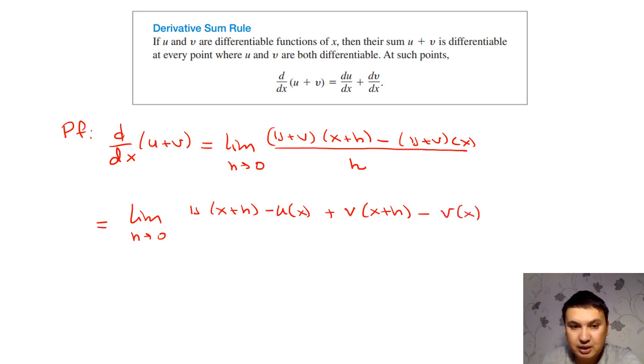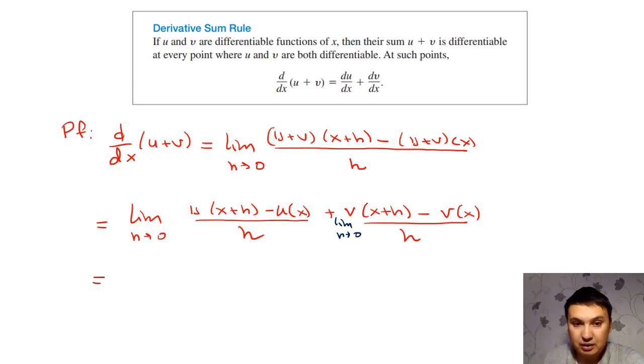Everything divided by h, but let's divide them separately so it won't change it. And in fact, I could also write another limit term here, right? I can split the limits. I can do it if both limits exist, right? So I need to find out if both of them exist, but indeed they exist because the first one is nothing but u prime of x. The second one is v prime of x, or derivative of u and derivative of v, right? Because we are assuming that they are differentiable.